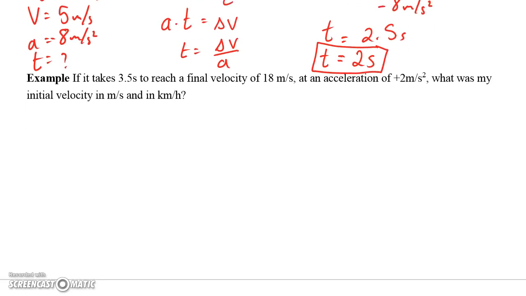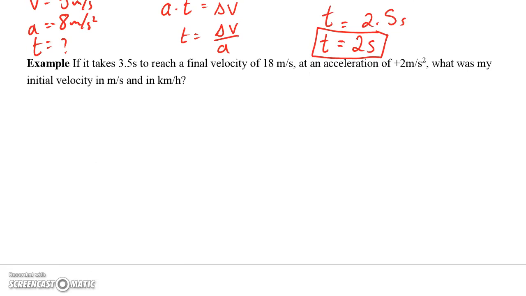Okay, let's start this next one and we'll continue it in class, and we can go over some workbook problems in class as well. So if it takes 3.5 seconds, so let's write that out, 3.5 seconds. Final velocity, so that's V, is 18 meters per second at an acceleration of 2 meters per second squared.